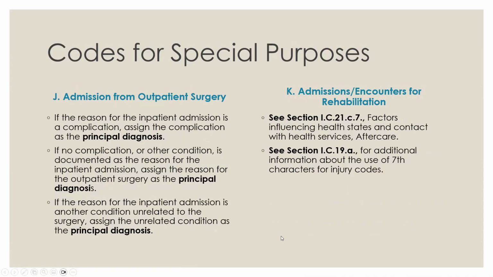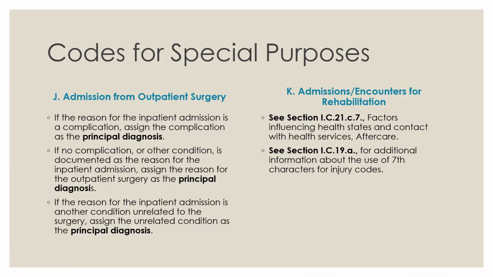For admission from outpatient surgery, when the patient receives surgery in the hospital's outpatient surgery department and is subsequently admitted for continuing inpatient care at the same hospital, the following guidelines should be followed in selecting the principal diagnosis for the inpatient admission. If the reason for the inpatient admission is a complication, assign the complication as the principal diagnosis.